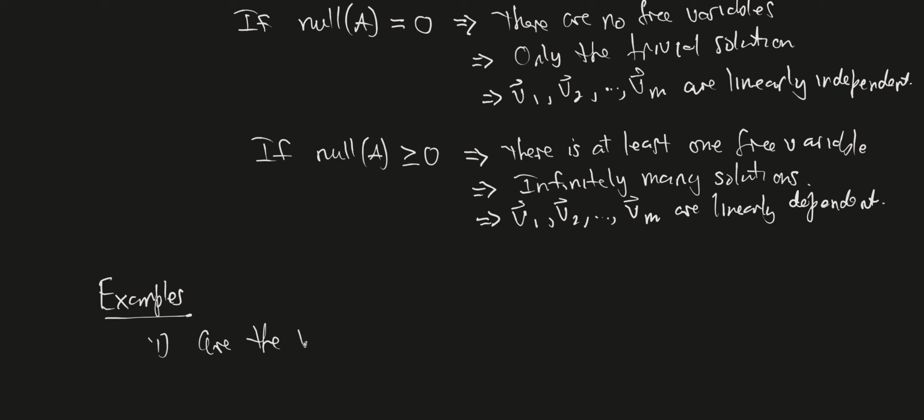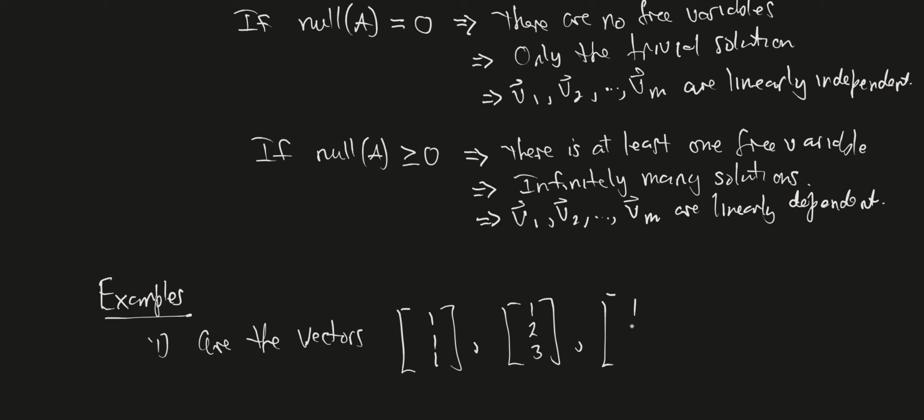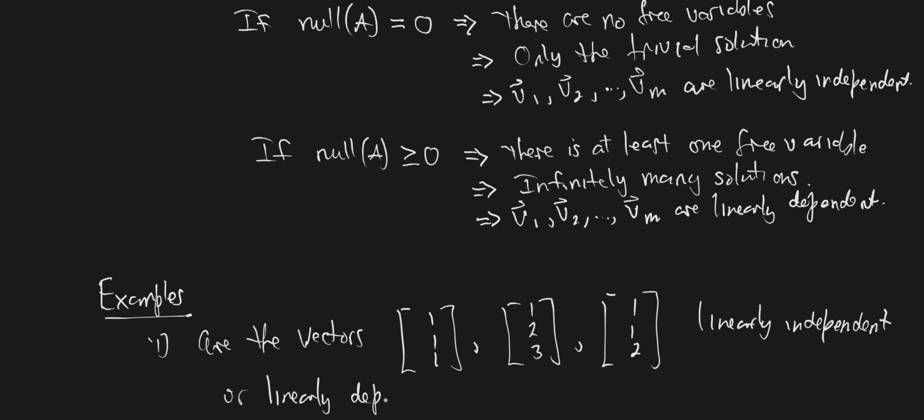Are the vectors, and let's just write our vectors here, 1, 1, 1, and 1, 2, 3, and 1, 1, 2, are these vectors linearly independent or linearly dependent? Again, explain or justify.